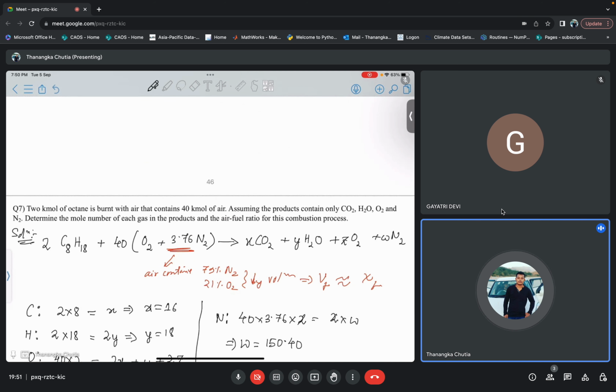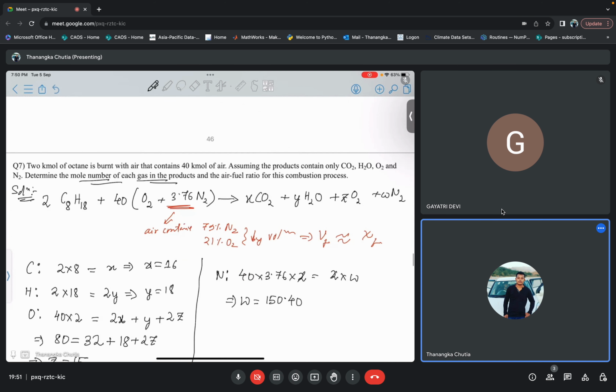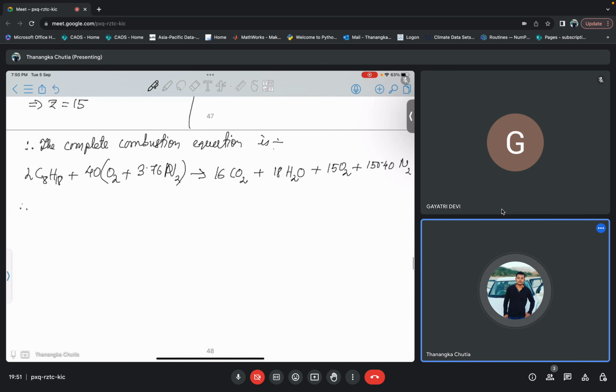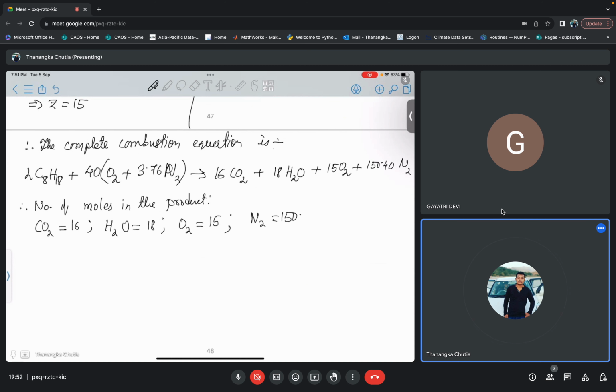Now determine the mole number of each gas in the product. So the number of moles in the product is: carbon dioxide 16 kilomoles, water 18 kilomoles, oxygen 15 kilomoles, and nitrogen 150.40 kilomoles.